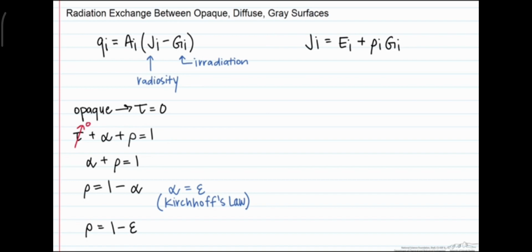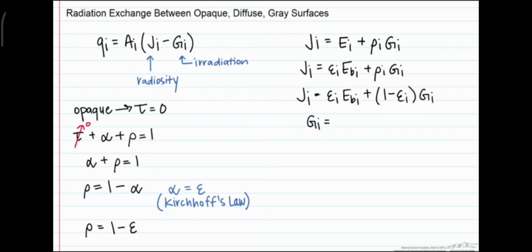We can also write the emissive power as the emissivity times the emissive power of a black body. So now let's rewrite our radiosity. So we're going to write that irradiation in terms of the radiosity.